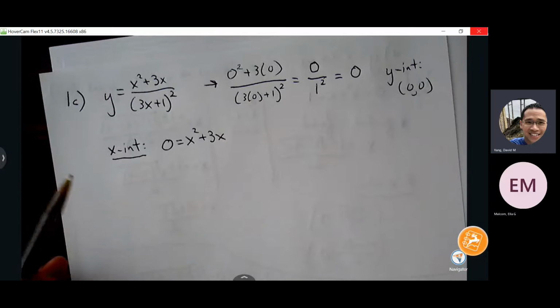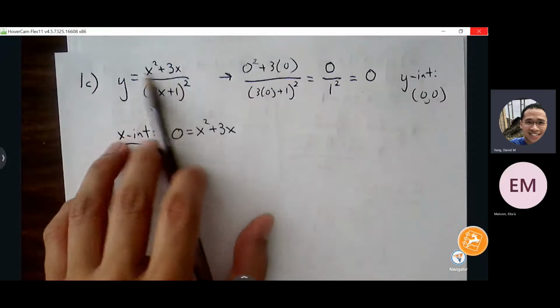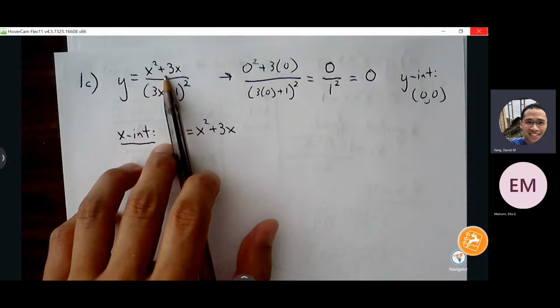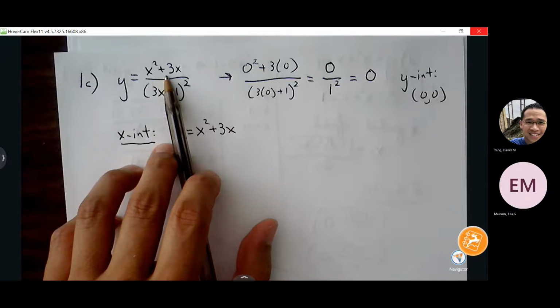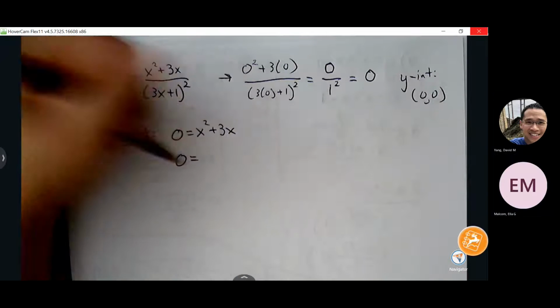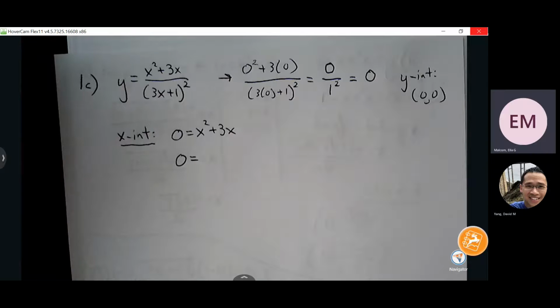That's something that if we're looking for a hole or a vertical asymptote, then we can look there. But it's just the numerator that's going to give us anything about our x-intercept. Okay. So 0 equals x squared plus x.